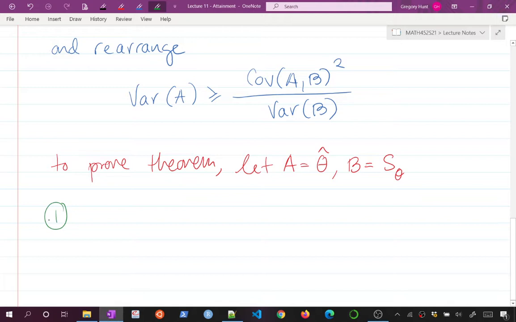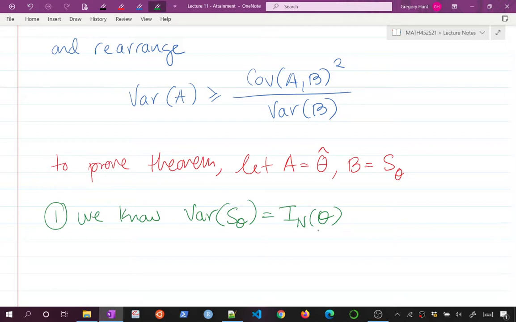What we can first show is that, 1, we know that the variance of the score is defined to be my Fisher information. All right, so that's our definition.